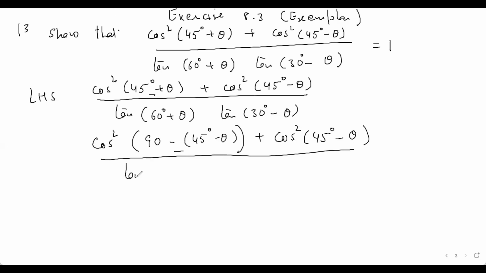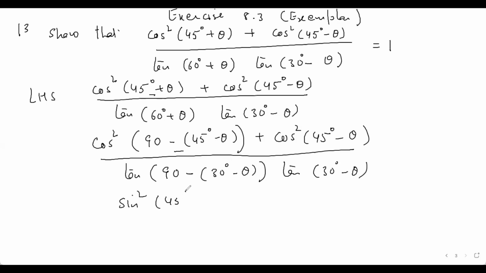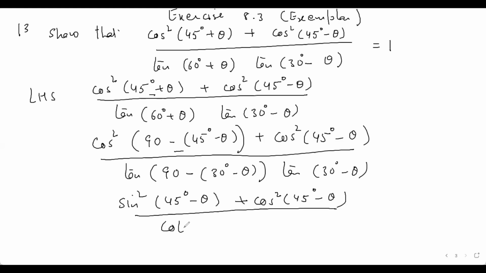Now this thing can be written as 90 minus 30 degree minus theta, tan 30 degree minus theta, sin square 45 degree minus theta plus cos square 45 degree minus theta upon cot 30 degree minus theta tan 30 degree minus theta.